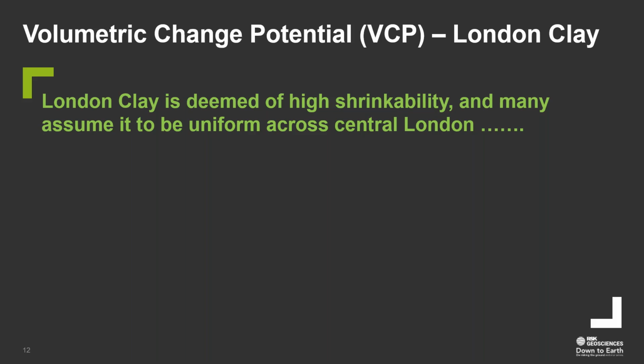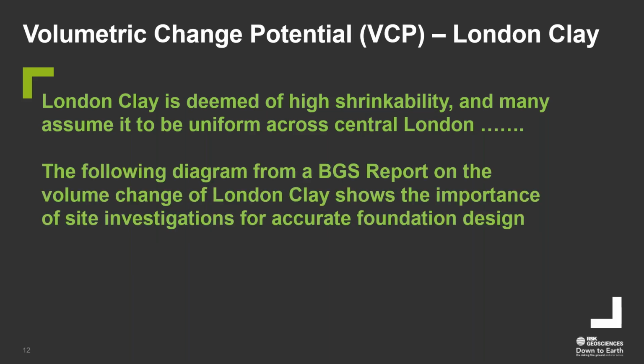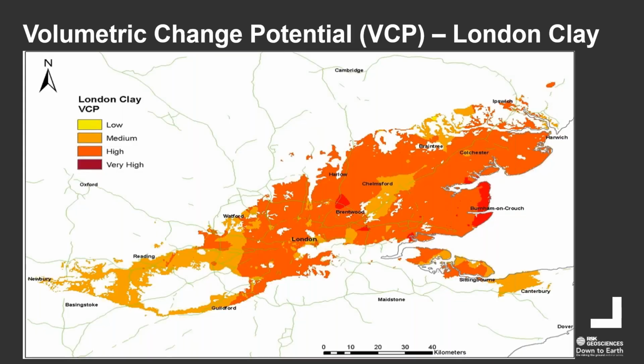London clay is regarded as being highly shrinkable and maybe uniform. Certainly many people would think that. And so when one looks at a BGS report, looking at the overall volume change in London clay, you might be surprised to see that London clay has quite a variability. From the western side of the London clay deposits, we're down at maybe medium shrinkability.